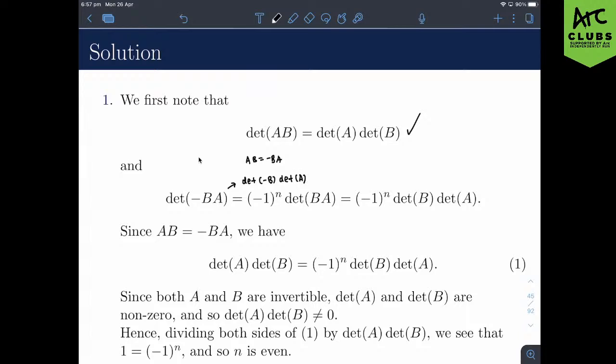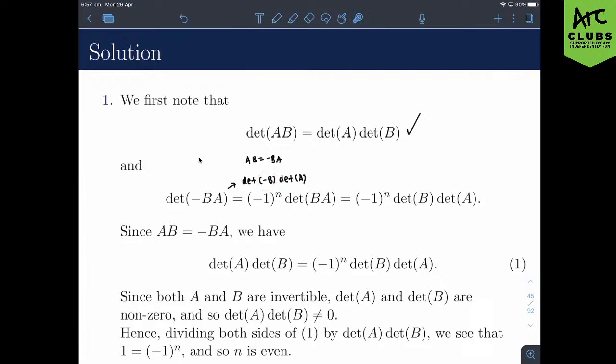And remember, whenever we multiply a row or column by a scalar, then the determinant of that matrix is also multiplied by that scalar. But we're multiplying here every row by minus 1.